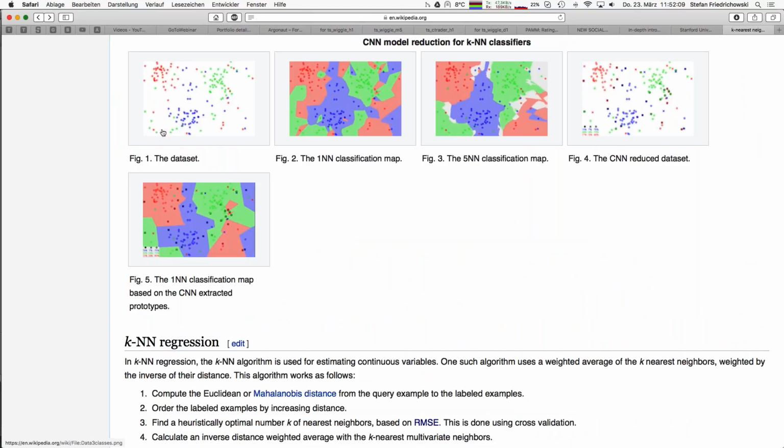What we have here are 3 different colors in a two-dimensional space. And what we want to do here with the concept of k nearest neighbors is we want to classify those values. And what does it mean? For example, if you look from the first picture to the picture to the right, figure number 2, then the concept of one nearest neighbor was applied for all potential points within that space.